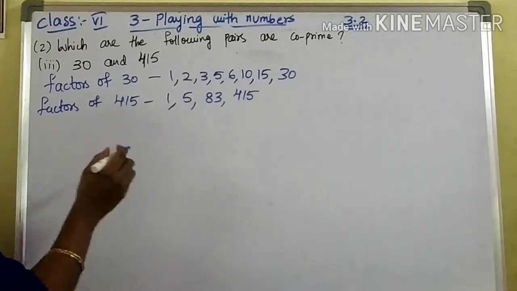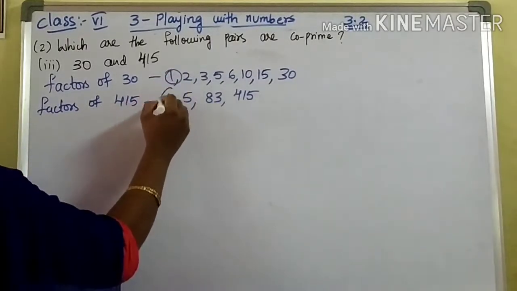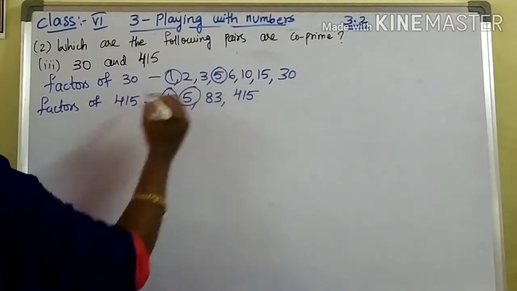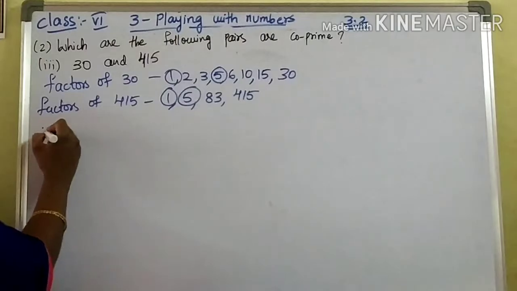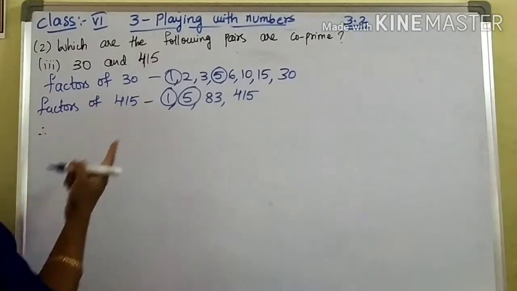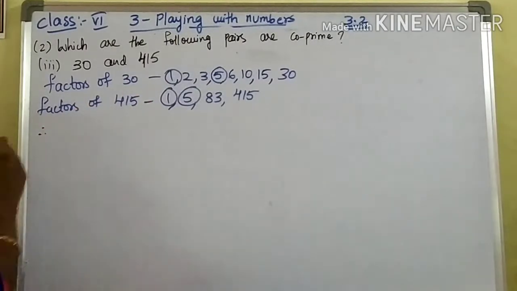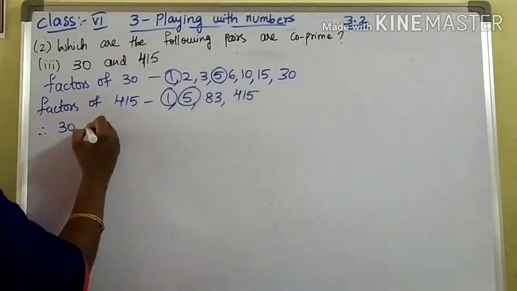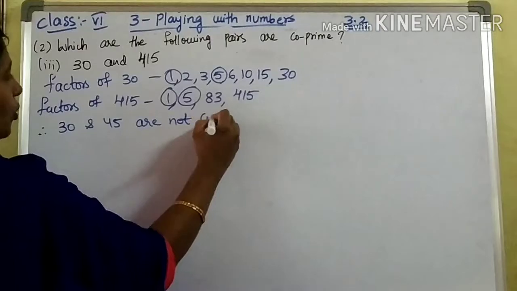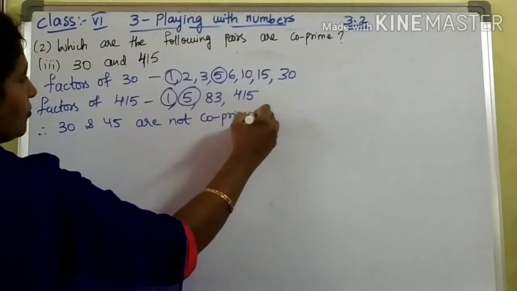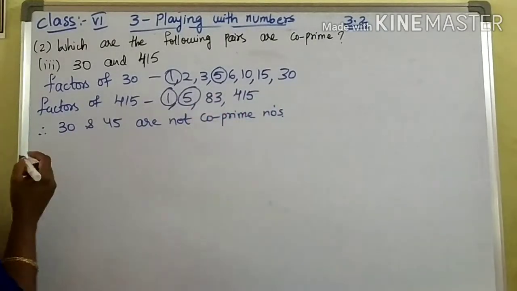If you observe, 1 is common and 5 is also common. So here two numbers are common. So can I say 30 and 415 are co-prime numbers? No. So co-prime numbers are what numbers? They should have only one as a common factor. So 30 and 415 are not co-prime numbers. Right? Next, coming to the fourth one.